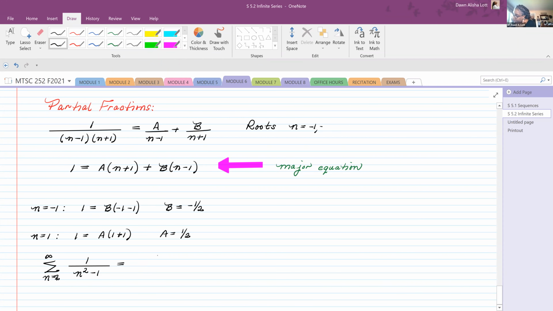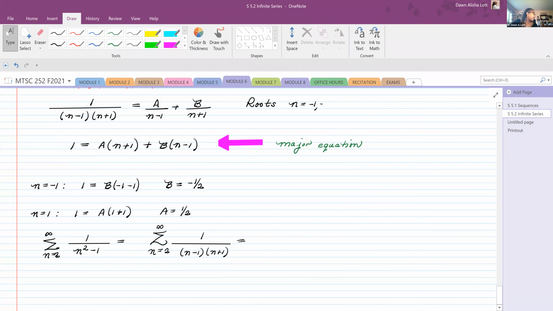So that's the sum n equals 2 to infinity of, now we split it up like this and wrote 1 over (n minus 1)(n plus 1). And we can write it in partial fractions. A and B are both 1/2.